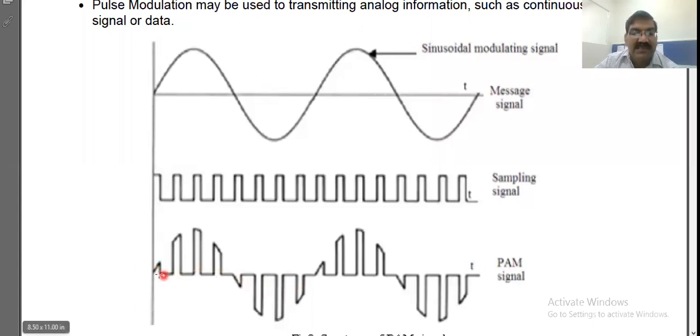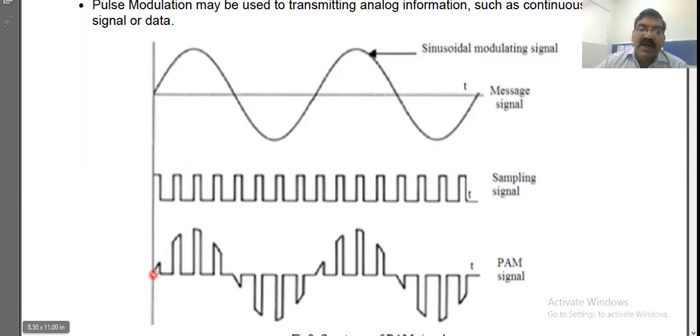So if you pass this signal through a low pass filter whose filtering capacity is around 1 kilohertz, it will block the signal beyond 1 kilohertz. Suppose 1 kilohertz is your maximum frequency, or whatever the maximum frequency is.